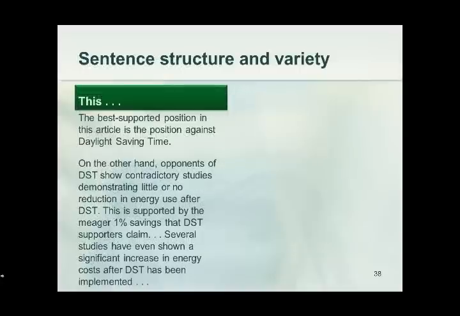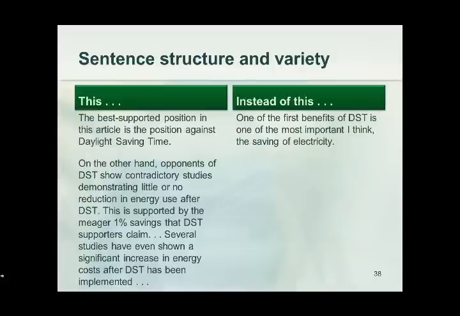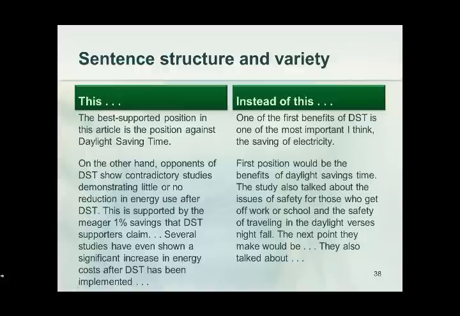Helping students build out and understand how they can add that variety into their writing as opposed to having the same type of sentences over and over again. The first position would be the benefits of daylight savings time. The study also talked. The next point. Those are things that if we can move students into that more sense of variety within their sentence structure, so much the better.